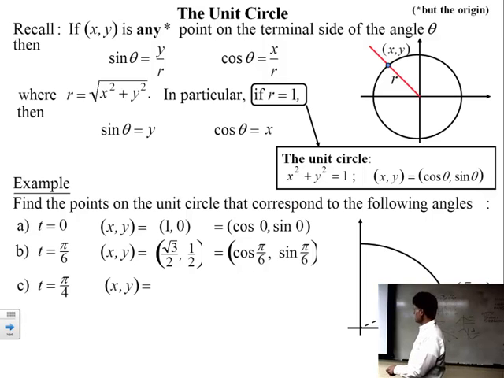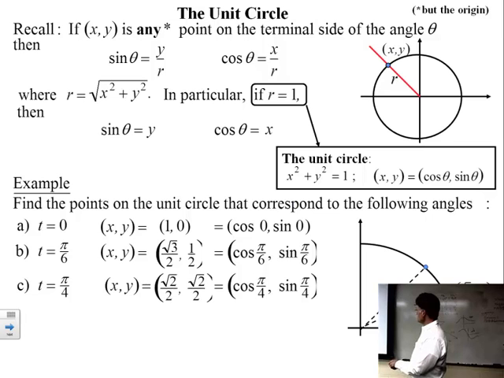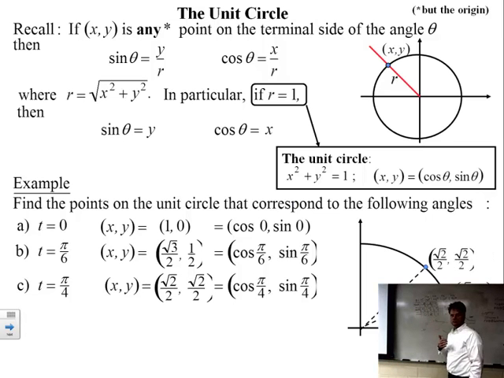Then the next special angle is pi over 4, which is 45. It's that point right there. And so that point is root 2 over 2 and root 2 over 2. So about 0.71 for both coordinates. So this is actually on the line x is equal to y. So those are the same.